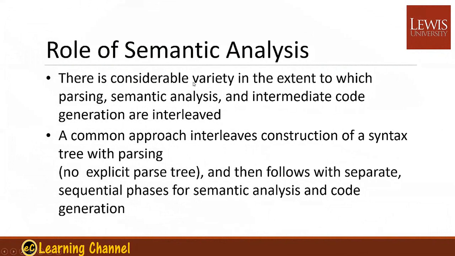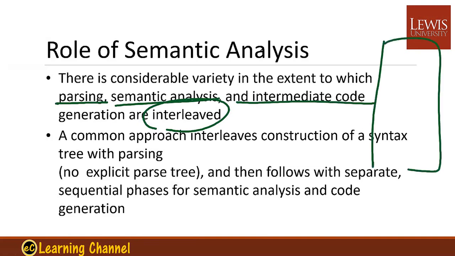There is considerable variety in the extent to which parsing, semantic analysis, and intermediate code generation are interleaved. Conceptually we talk about these as three different stages, but they are actually mingled together.